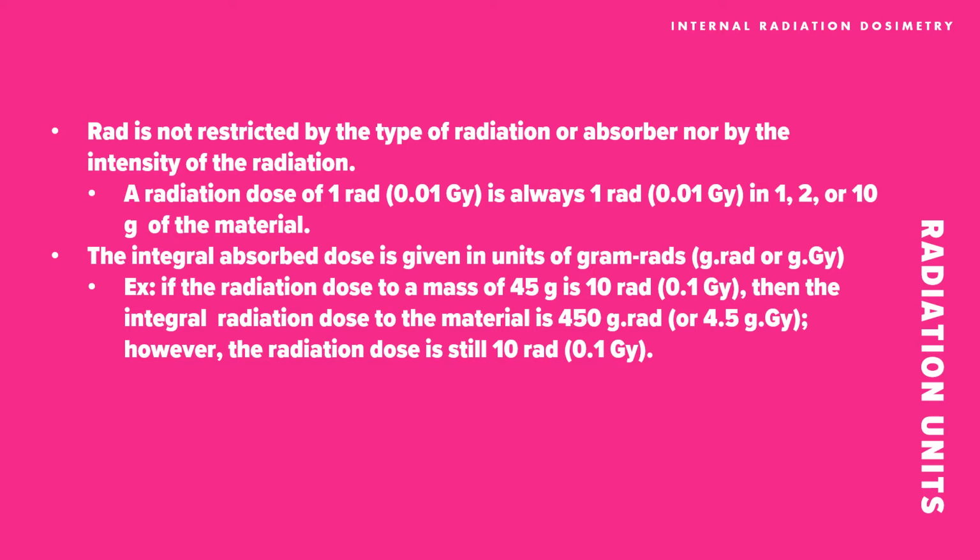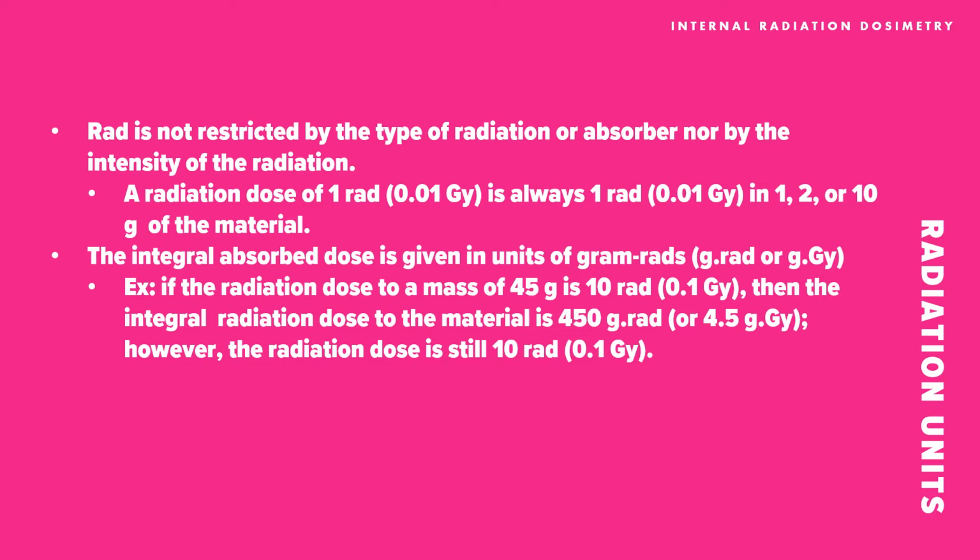Radiation dose will be fixed, but the integral absorbed dose will be affected by the mass. So when you have a heavier mass, you have a higher integral absorbed dose, but it will not affect the radiation dose itself. So here for example, if it's 10 rad, it will keep as 10 rad.